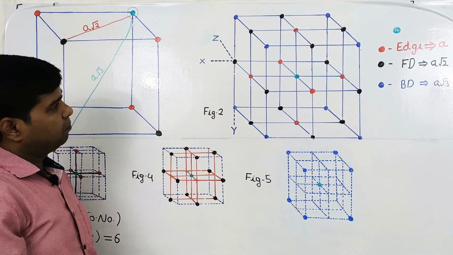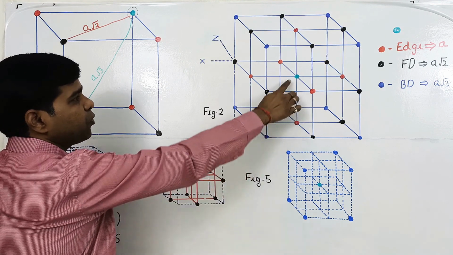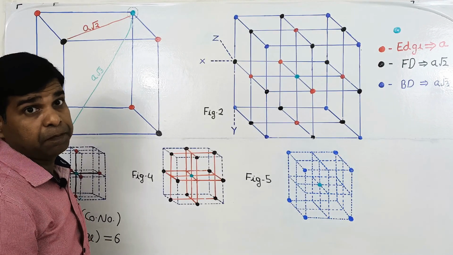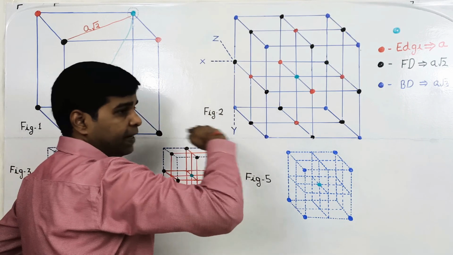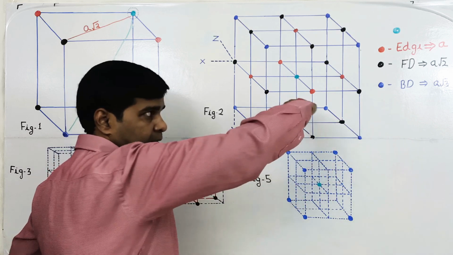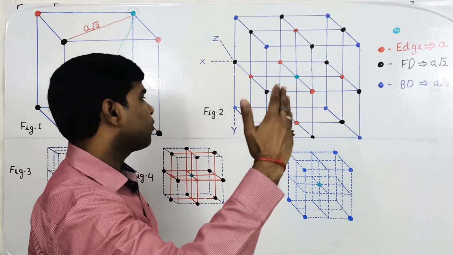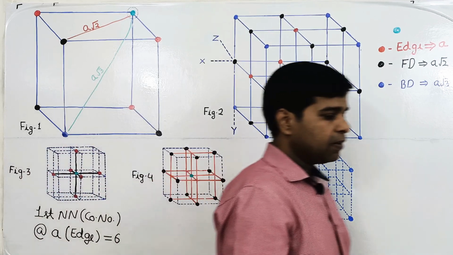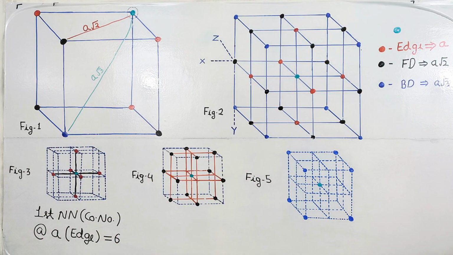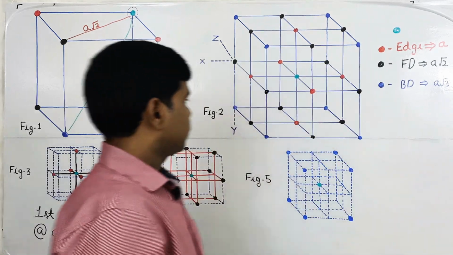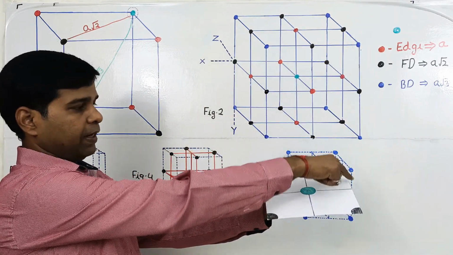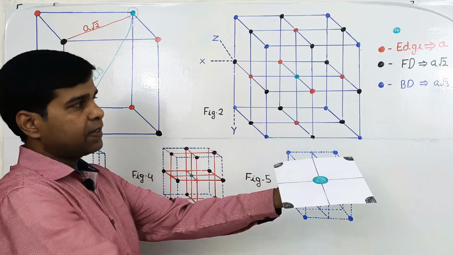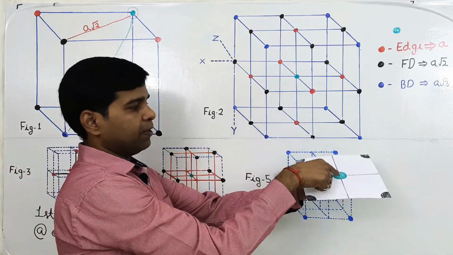For this purpose, I assume that this green particle is present in the 3 planes: x-axis, z-axis and y-axis. If we consider first the xz plane, this is our x-axis and this is our z-axis, this is our green particle.